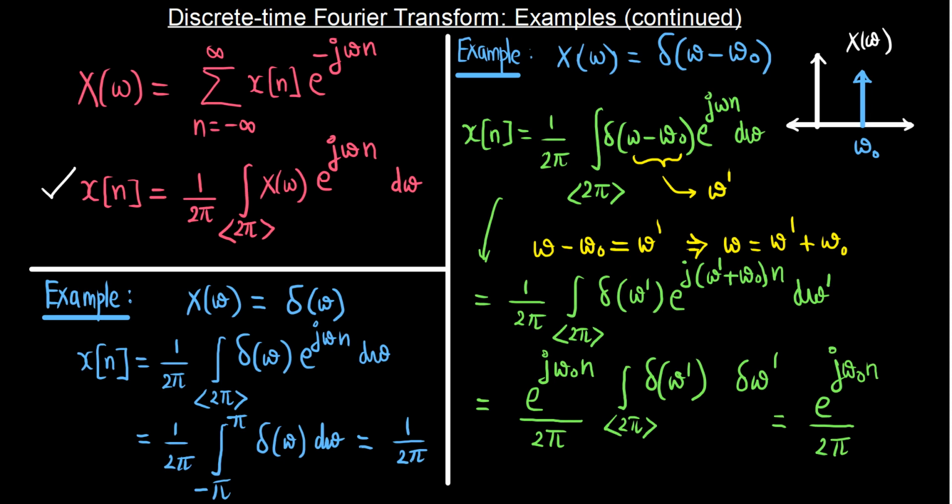Now similar to this expression here, let's take a shifted version of this impulse and also try to scale this. So if we take, for example, a signal that is x of omega equals say 2 pi times del of omega minus omega naught.